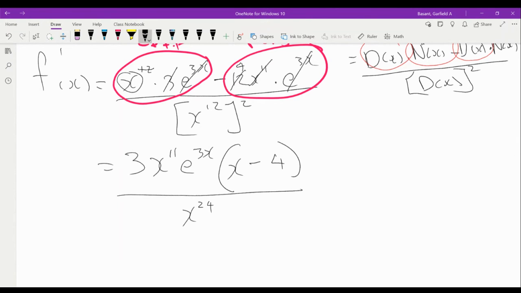Unfortunately, it still is not done. What else can we do? We can simplify down. I agree with you. What can we simplify? The x's.